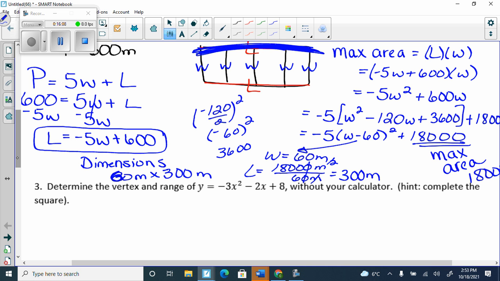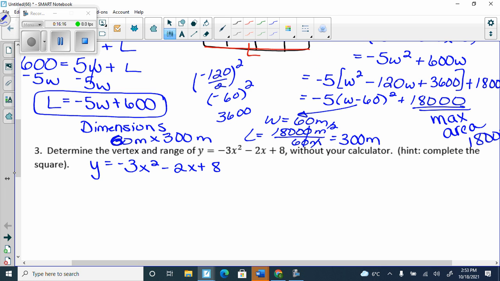Okay? So, we have y equals negative 3x squared minus 2x plus 8. Take the negative 3 out. I get negative 3 square bracket x squared. What's negative 2 divided by negative 3? 2 over 3. Plus, we got to figure this out.